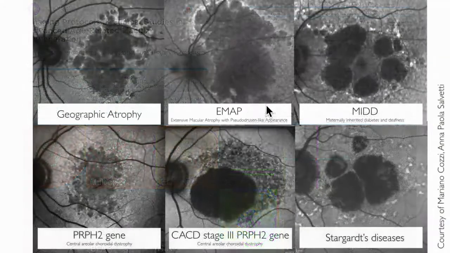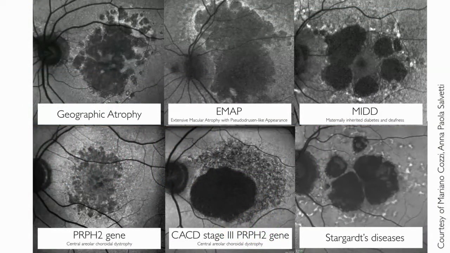The group agreed, and you actually saw from Frank Holz that autofluorescence is a good way of identifying different patterns of atrophy.